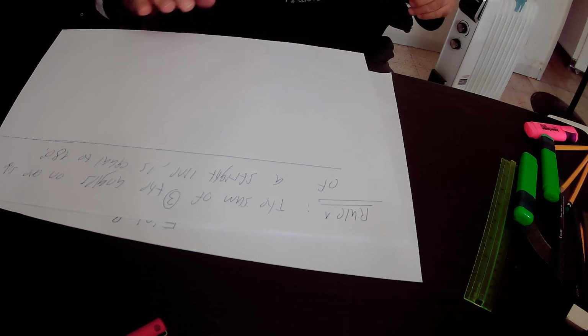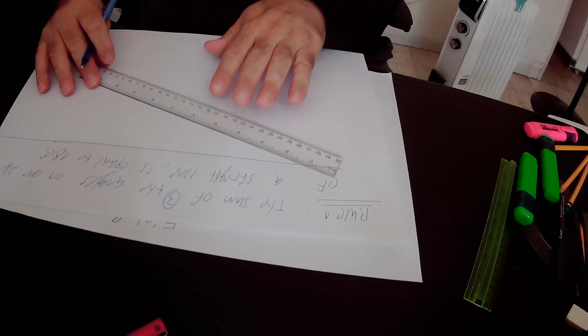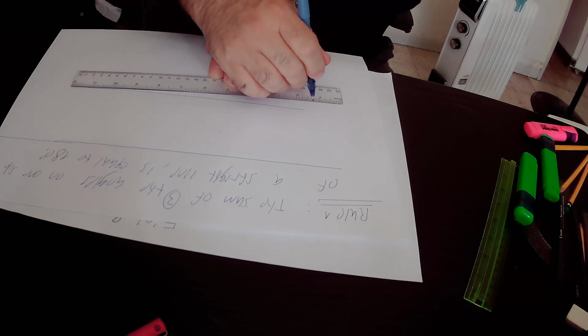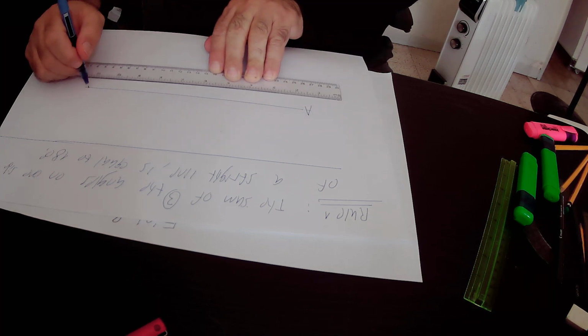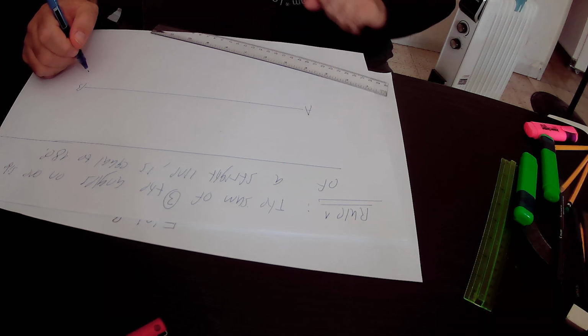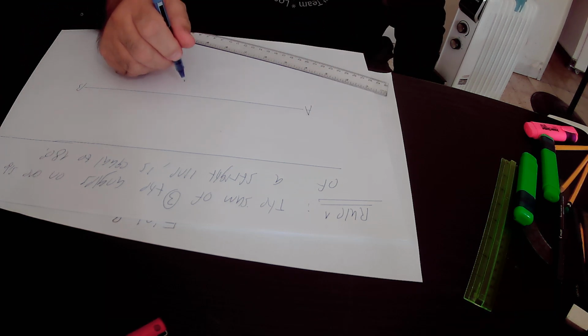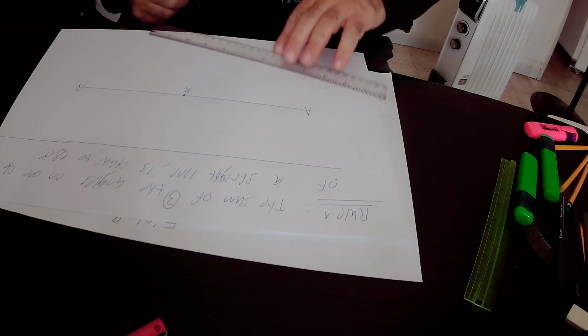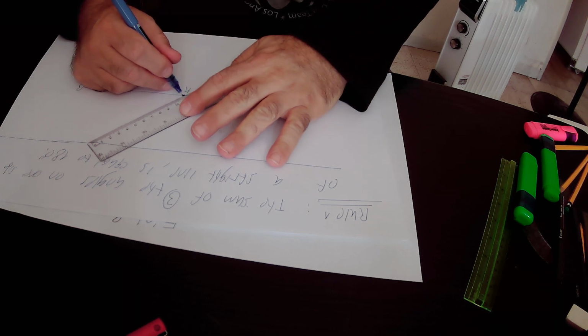So what is the meaning of this rule? Actually, the meaning of this rule is that if we have a straight line, AB is a straight line, and we choose any point on this straight line. If this is point K, we have here side KL.